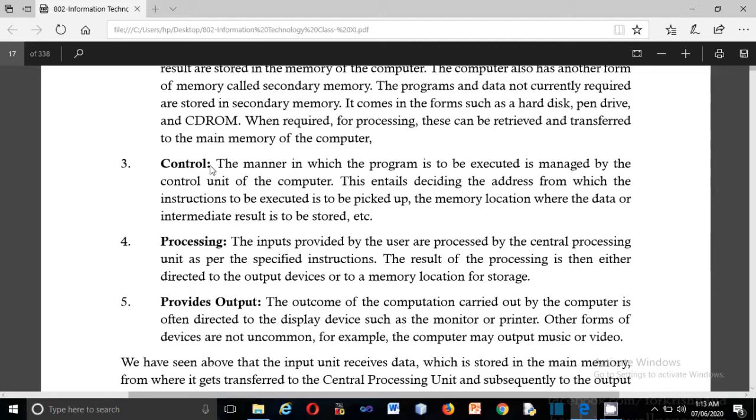The CPU has the control unit, and the arithmetic logical unit, which performs arithmetic operations like 2 plus 2, 2 minus 2, 2 multiplied by 2. The manner in which the program is to be executed is managed by the control unit of the computer, which controls the entire process.